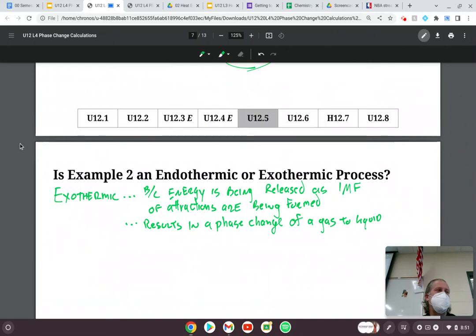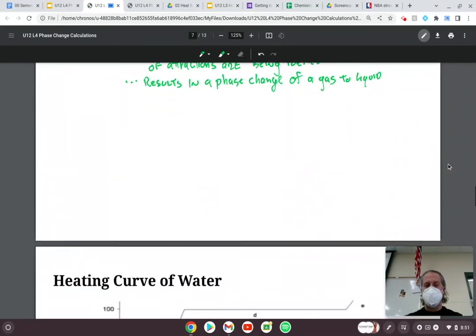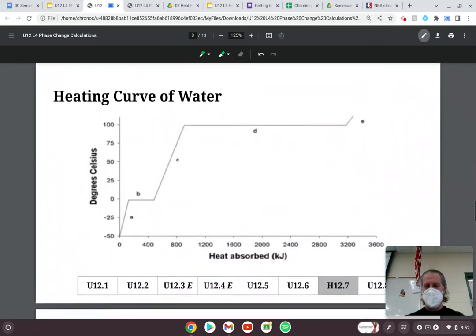Now, the reason why we talked about the heat equation yesterday and we're talking about the phase calculations today is because we are going to mash them all together in this part of the lesson. So let's talk about this for a second. This is known as the heating curve of water.